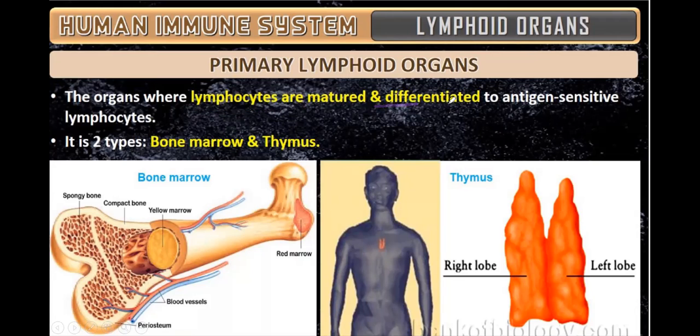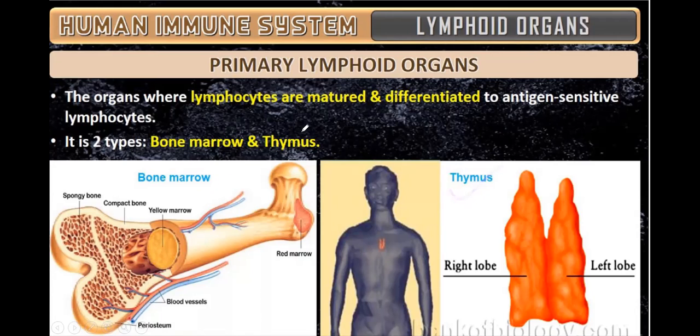There are different types of WBCs, and the organ where they mature and where differentiation of lymphocytes takes place is called a primary lymphoid organ. These are of two types: bone marrow and thymus. So bone marrow and thymus are primary lymphoid organs.